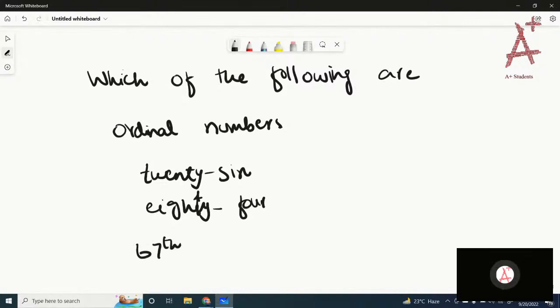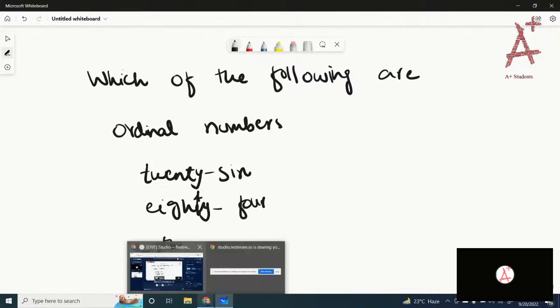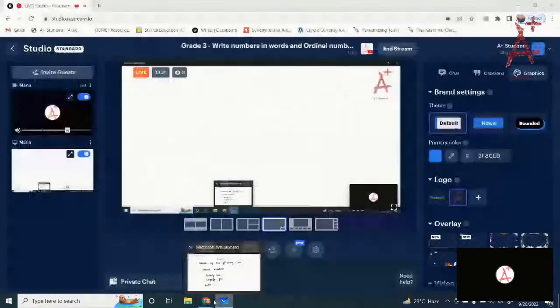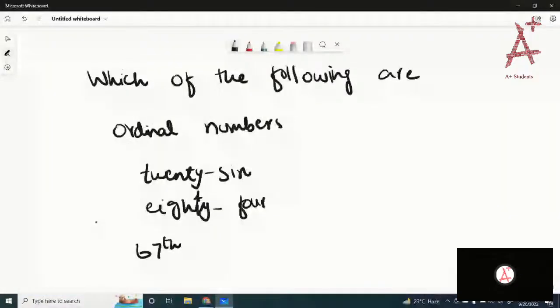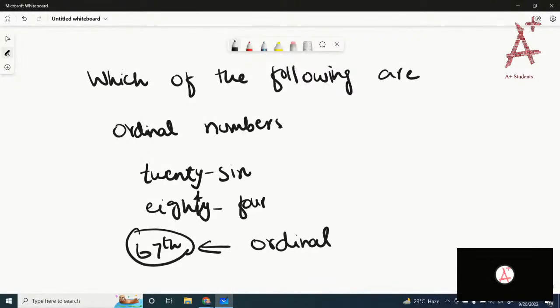Which of them are ordinal? Only 67th is an ordinal, because this way you can tell the position of something. So only 67th is ordinal. The rest of the two are cardinals. Got it? So select the correct option and click on the OK button.